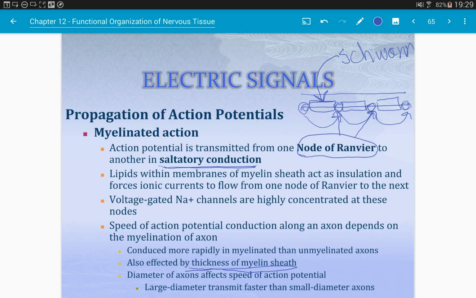So the thicker the myelin sheath, the faster the signal is sent. If we're comparing two myelinated axons, one with a thinner myelin sheath and one with a thicker myelin sheath, the thicker one's going to send it faster. So thicker or larger in diameter, so we use a diameter right here. So that is another factor that influences the speed. Not just whether it's myelinated or not, but also the thickness of the myelin sheath.